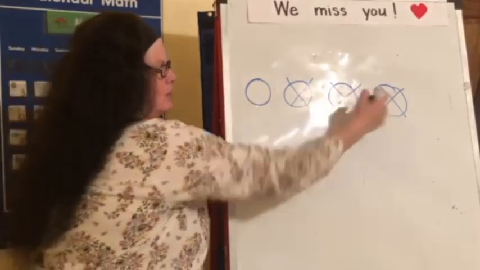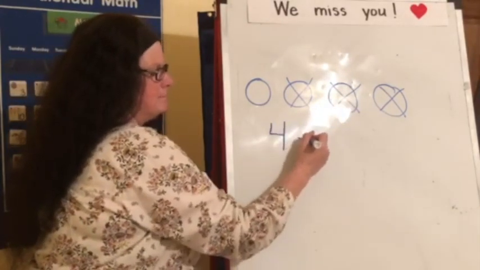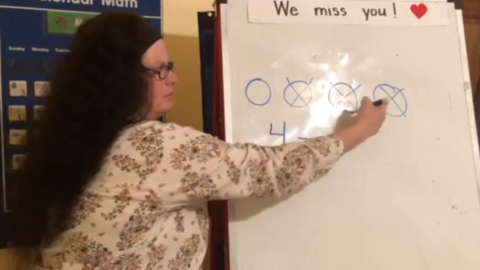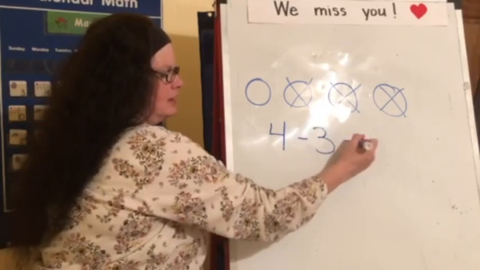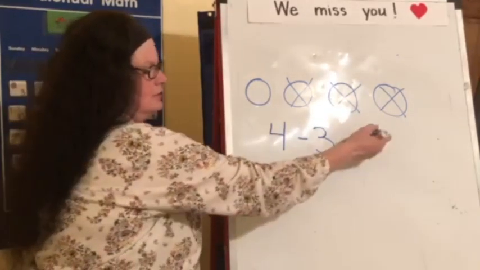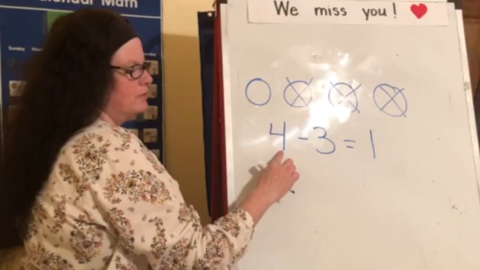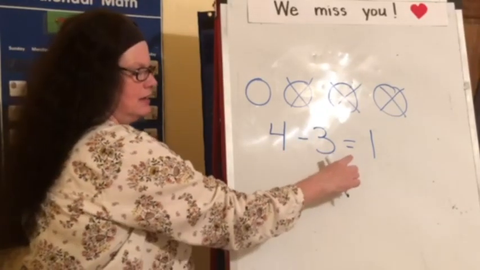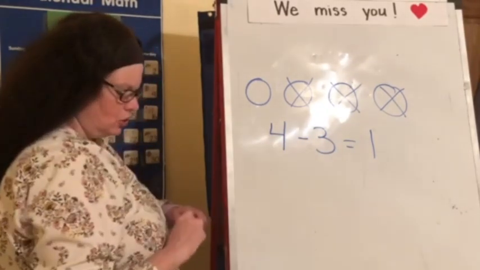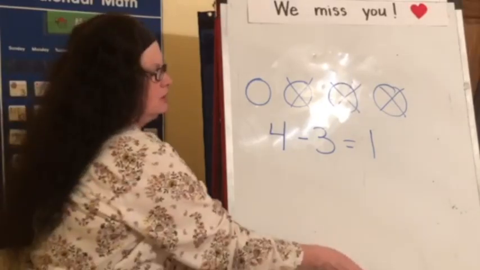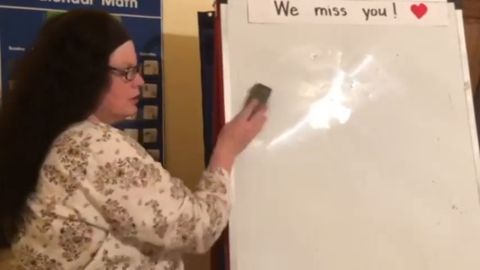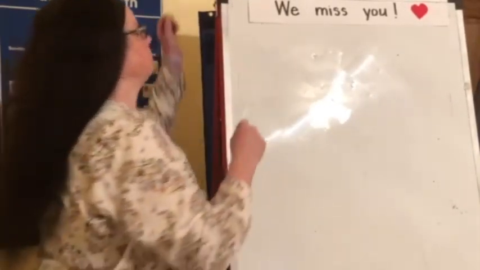How many did I start with? Minus how many did I cross off? Equals how many are left? Read it with me. 4 minus 3 equals 1. Good job. Now you're still going to need that whiteboard and that paper for our very last problem.